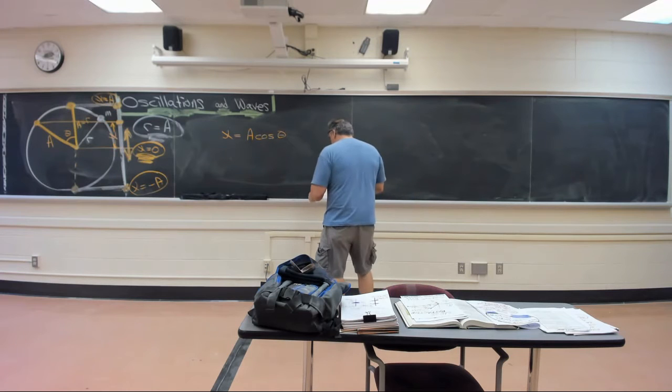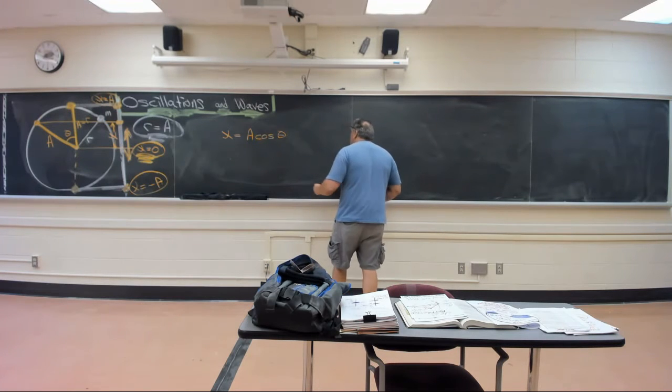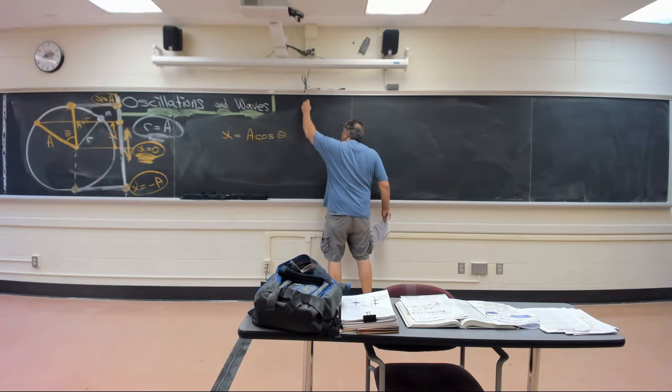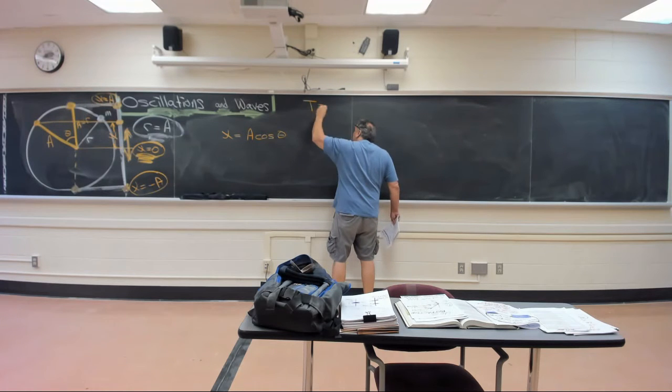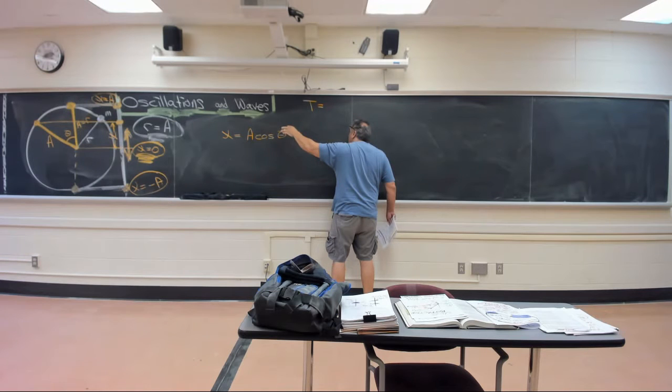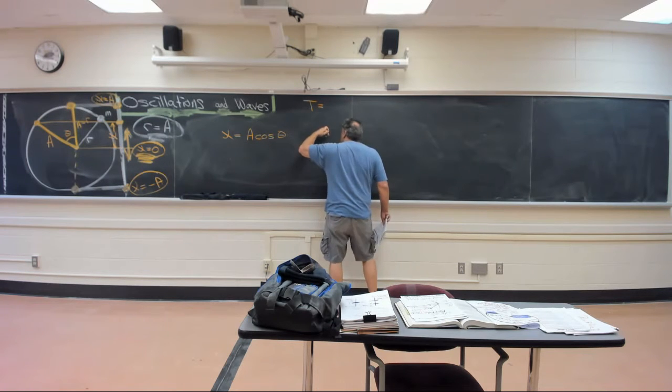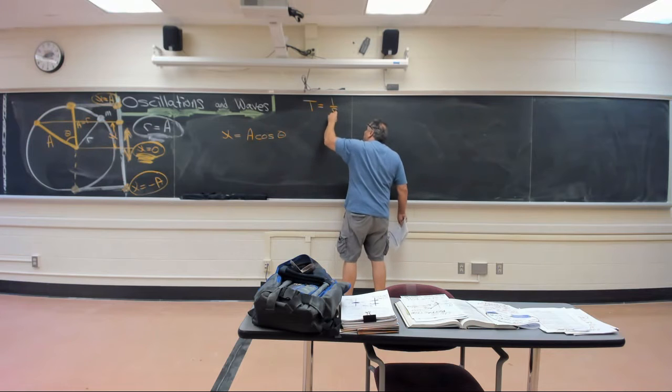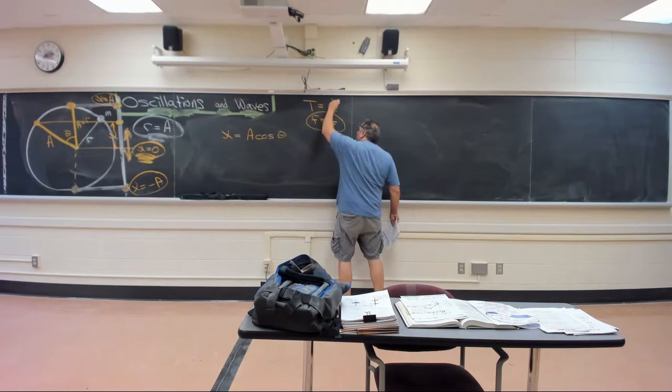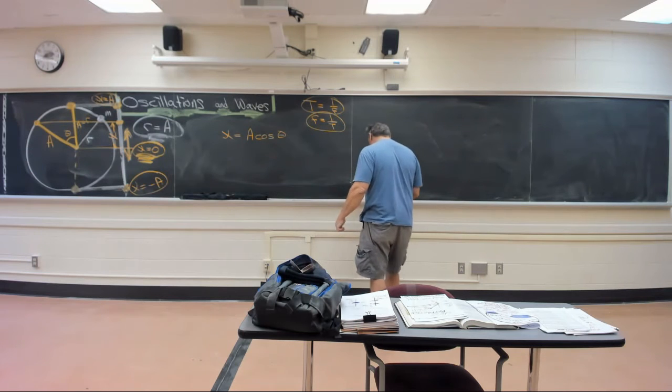Do you guys remember that we talked about the period? The period is the amount of time it takes to go all the way around. So we know that that's 1 over the frequency. The frequency is 1 over the period. So these are both reciprocals of one another. We've seen those before.